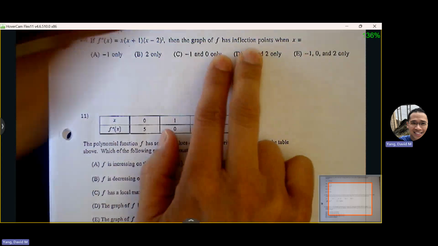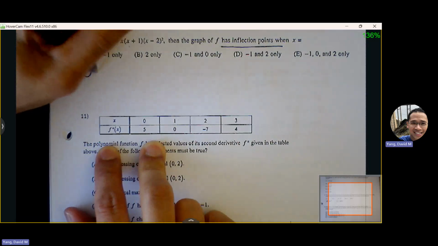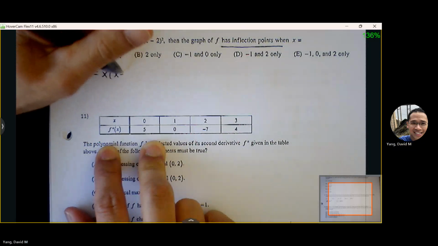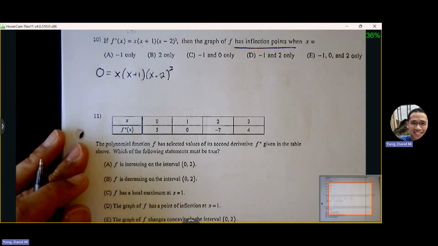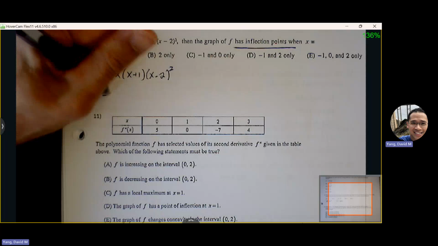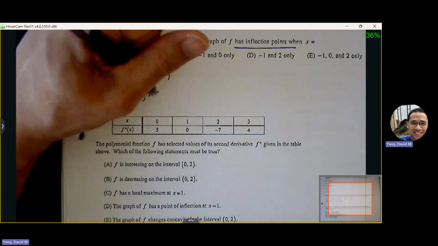So we know point of inflection comes from the second derivative. So we can set f double prime equal to 0. So critical points is x equals 0, x equals -1, and x equals 2.